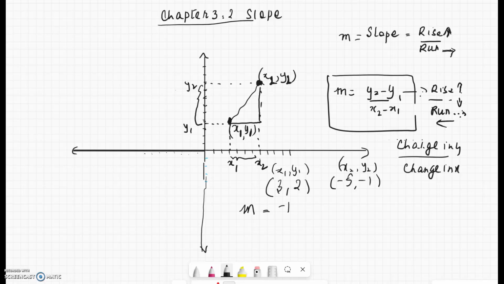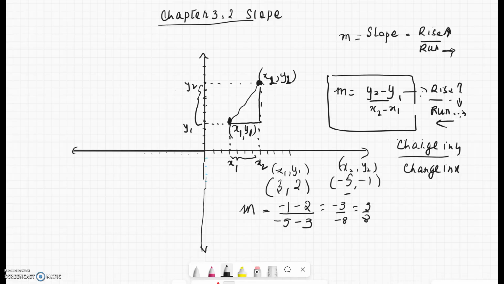Just copy the numbers first. Don't do anything in your head. Just copy the numbers and write it down, because these negative signs can sometimes be confusing. So -1 minus 2, y2 minus y1, and x2 minus x1, take this point first, -5 minus 3. So that is -3 over -8, which is 3/8.